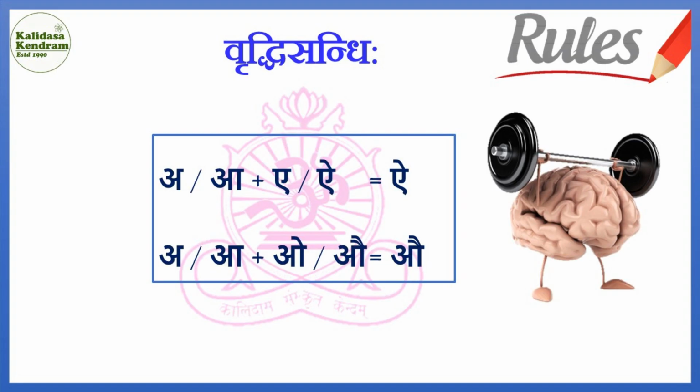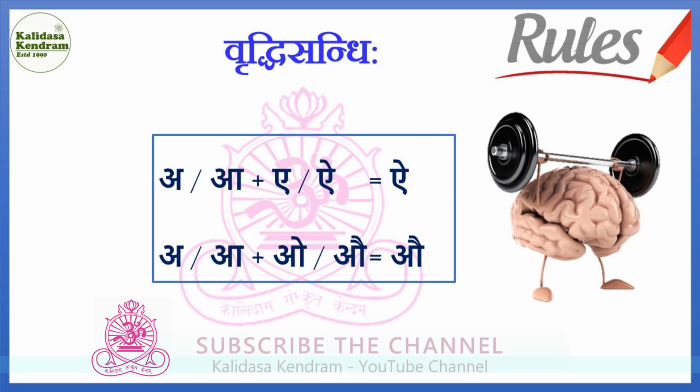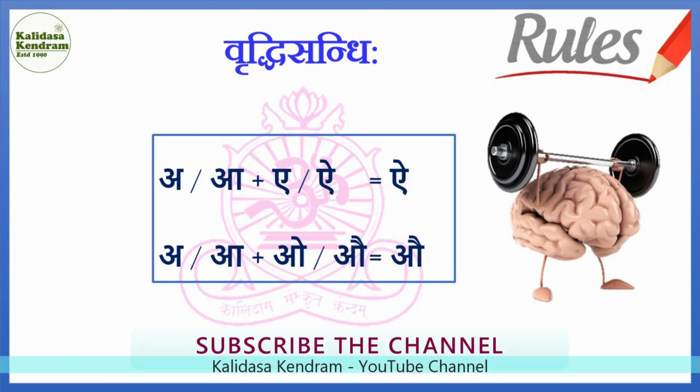Rule number 1: a or aa plus e or ai, then both the letters merge with each other and form one single alphabet ai. Same way, a or aa plus o or au, both merge and form a single alphabet au.